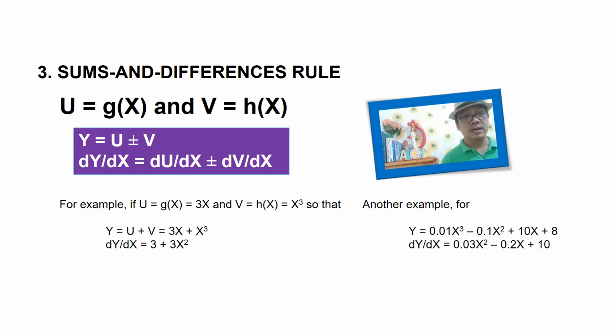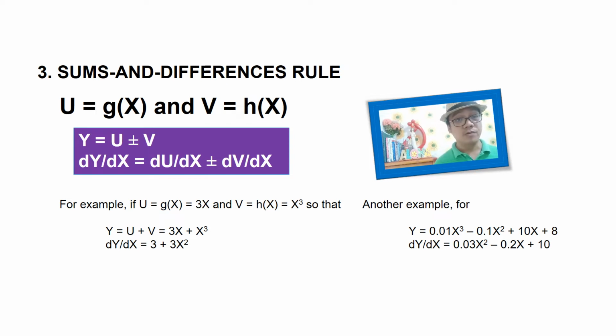For example, if u equals g of x equals 3x and v equals h of x equals x cubed, so that y equals u plus v equals 3x plus x cubed, dy dx equals 3 plus 3x squared.